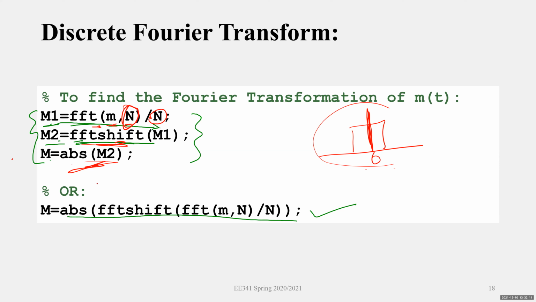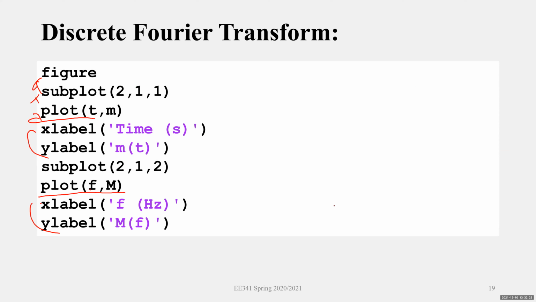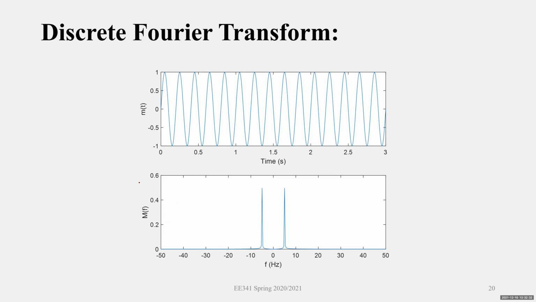So I can write these three commands, or I can just write abs of fftshift of fft of m divided by n. This is the same. So then plotting. This will give me the time domain signal. This will give me the frequency domain signal. So you can see that here I got the frequency domain signal of my sine of omega naught t, which was my original signal.